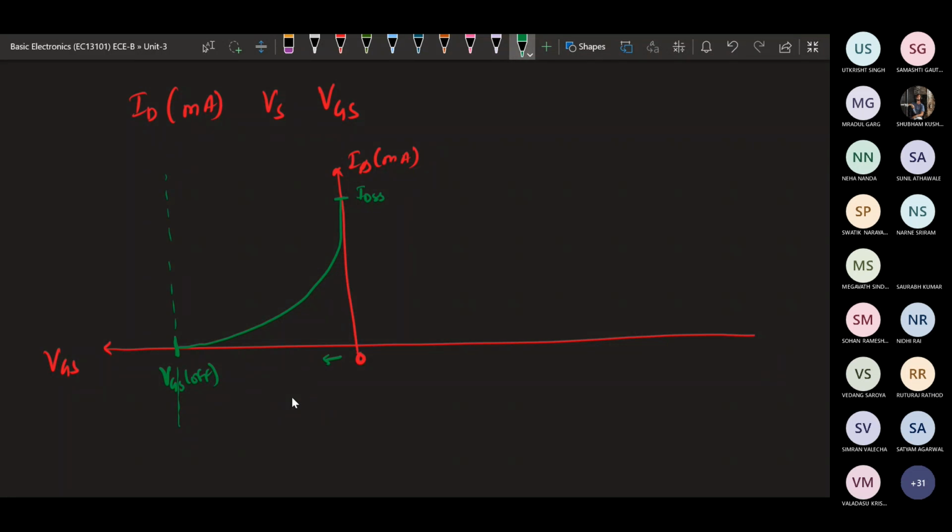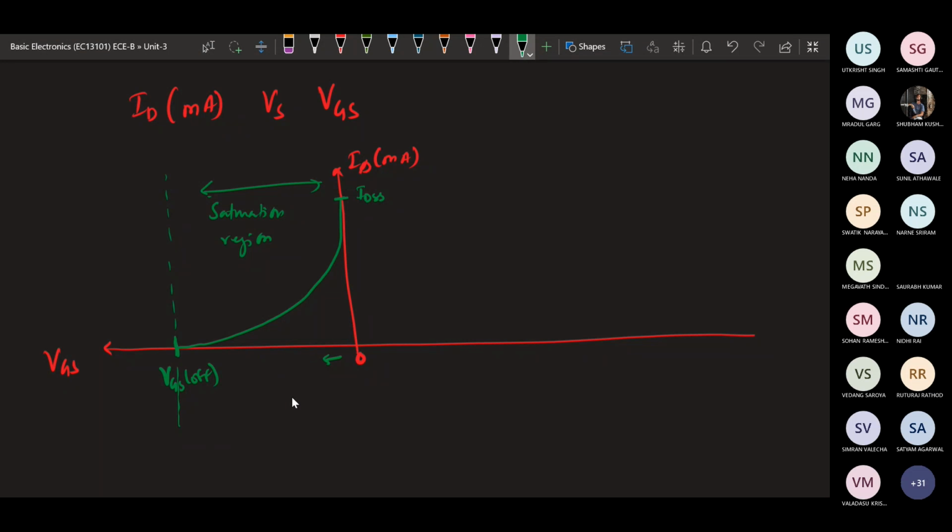Okay, so this is the region of operation that is called saturation region, where the current has become constant.